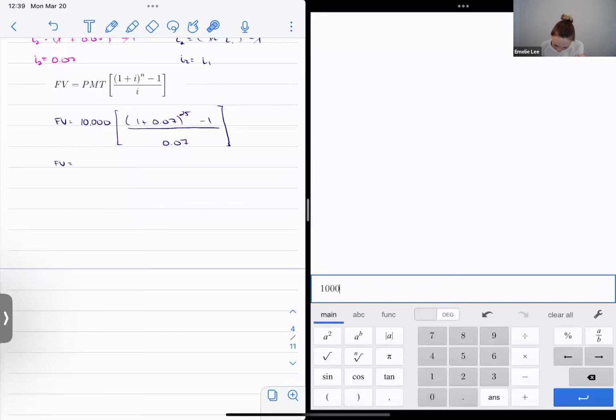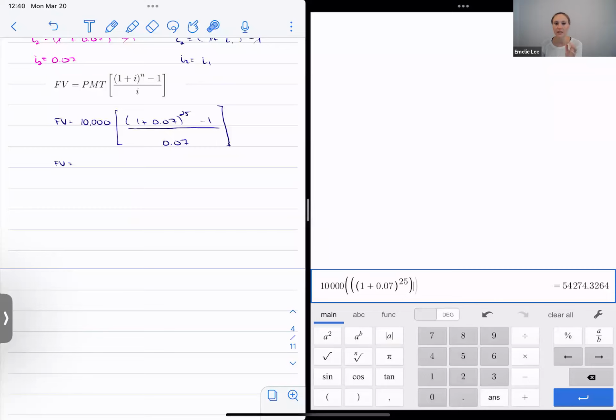But in terms of using this calculator, as long as I use my brackets carefully, I'm going to be super careful here. I'm going to put another bracket, 1 plus 0.07, close that bracket, to the power of 25. Step it down, close that bracket because I want that all to be in one value, then minus 1.